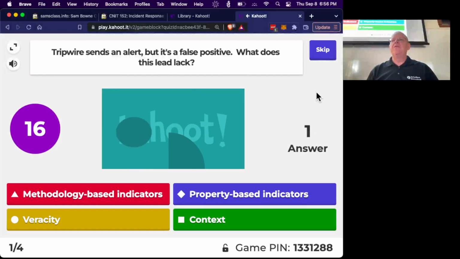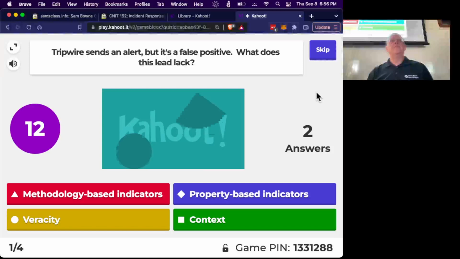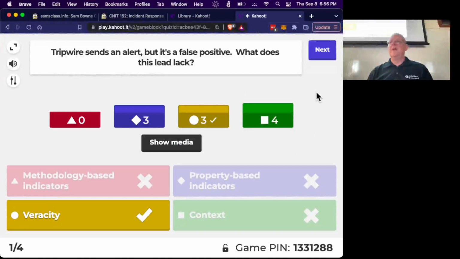It's a false positive, so what's wrong with it? That's a lack of veracity, they call that. It is not true. It told you there's something wrong, and there's really nothing wrong. It's just something ordinary like a normal update that changed a file. So that's when you don't have veracity, the alert is not true.